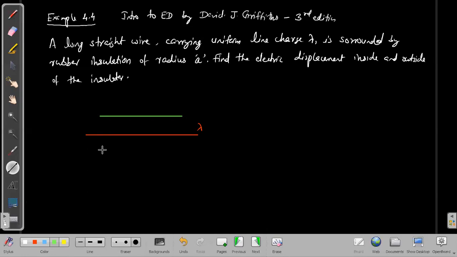It's made up of rubber. Okay, good. So this is the rubber insulator.